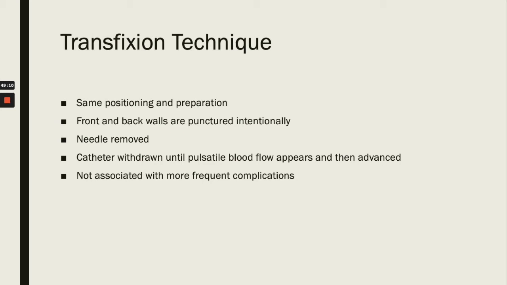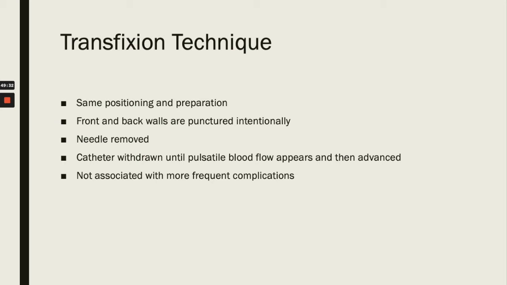So you puncture the front and back walls, and then you withdraw the needle, leaving the catheter in place. And then you slowly withdraw the catheter until you see pulsatile blood flowing through the catheter. Then you know that it's in place.